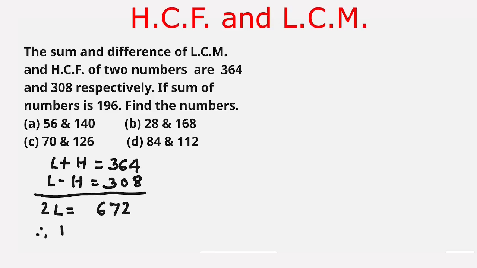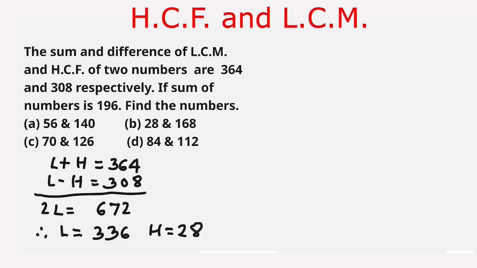Therefore LCM L equal to 336. And if we put this value in L plus H equal to 364, then we get the value of HCF equal to 364 minus 336 is 28. So our LCM is 336 and HCF is 28.